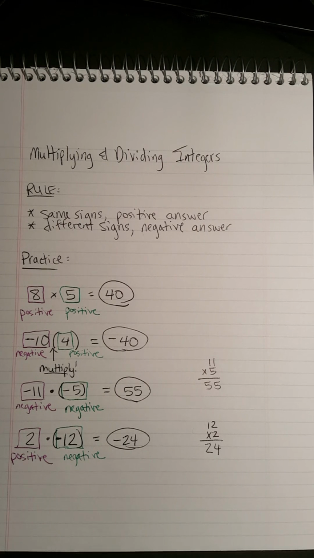Okay, let's try a couple of division problems. Division is going to be the exact same thing as multiplication. So you just have to know how to divide. So let's do a few examples for division. If I have 15 and I'm dividing it by 3, again, standard basic math, let's box those up.